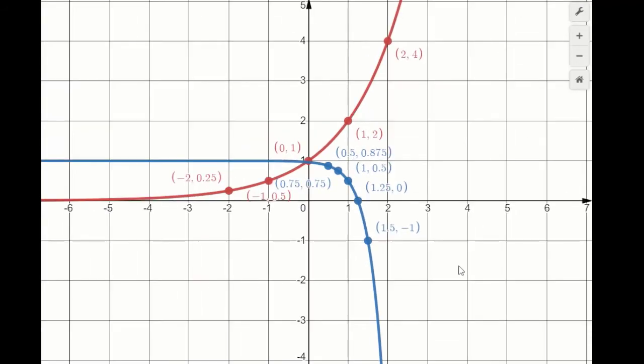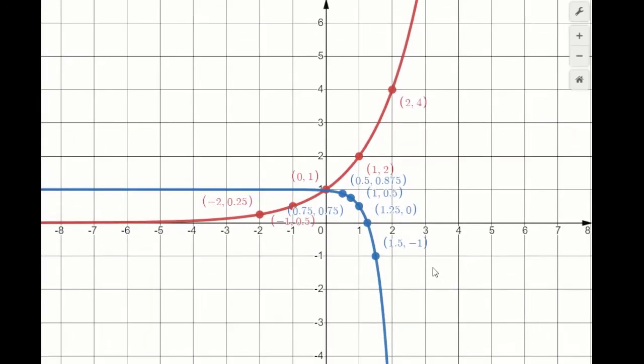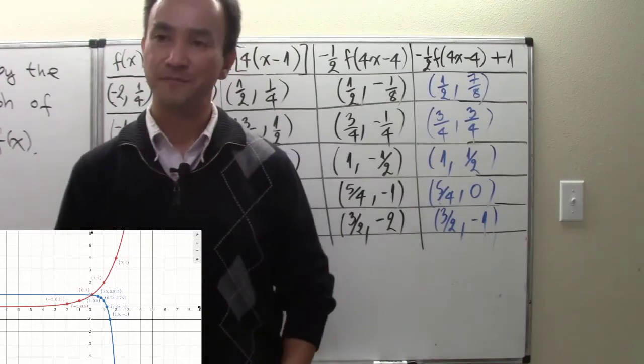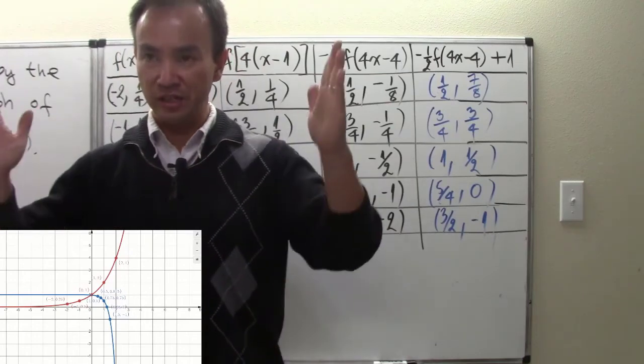Now I'm going to put it in further view so that you can see. So it still carries the fundamental shape from its parent function. It's going one way. The parent function was rising from the left to the right. This graph is going one way, but falling from the left to the right because it was vertically flipped. And then it seems narrower.